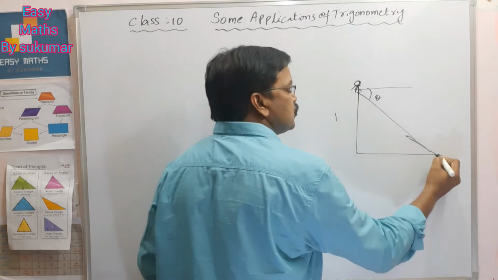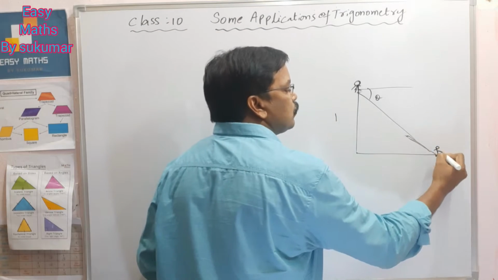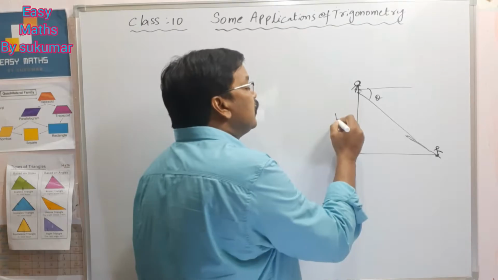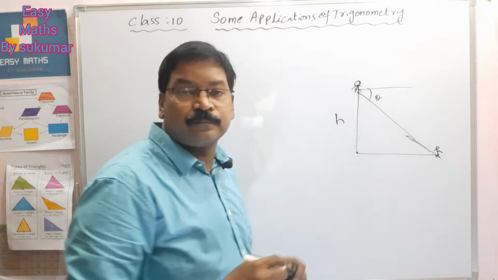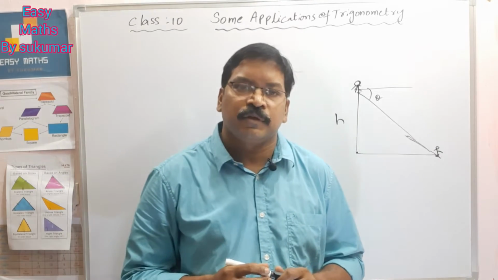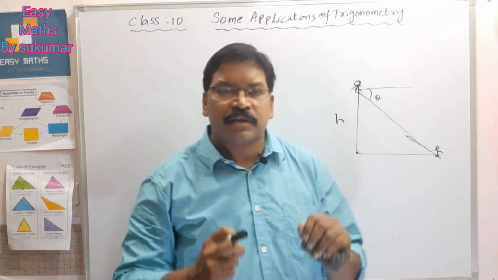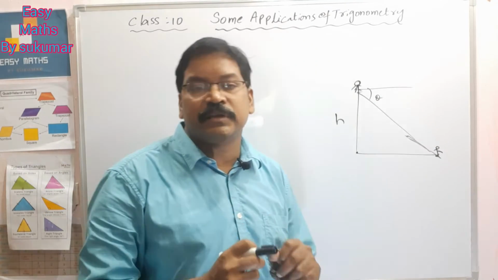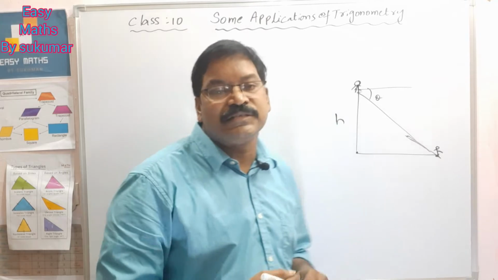If you know the distance between the boy who is on the ground and the bottom of the building, then you can find the height of the building using these trigonometric ratios. So the main use of trigonometry is to find the heights and distances.